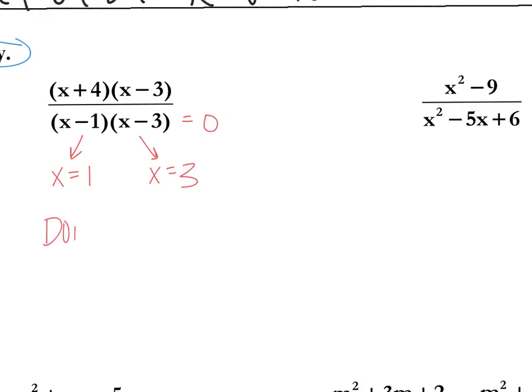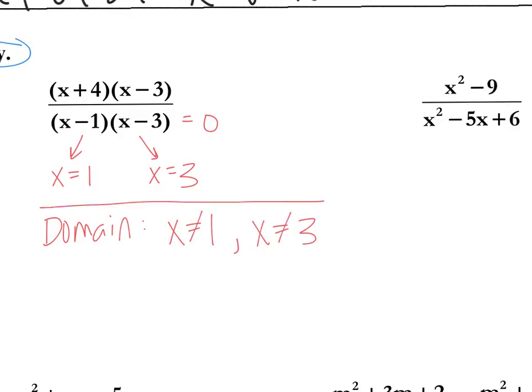That means my domain is all the numbers except 1 and 3, because if I plug in 1 or 3 to the denominator, it would make it equal to 0. So my domain is x cannot be equal to 1 and x cannot be equal to 3. I can use any value of x in this problem except for 1 and 3.